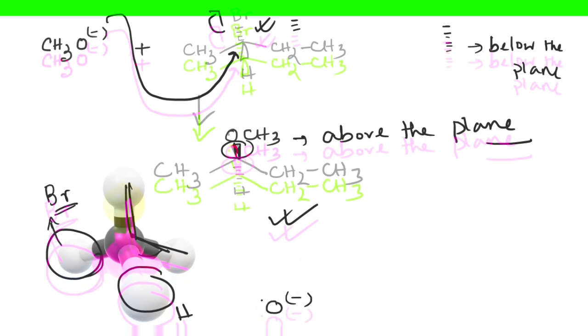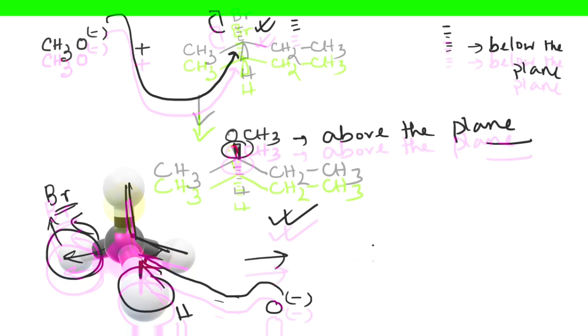Now the O minus will attack from the back side of the Br atom, that is from the above position, and the Br atom will be removed. Upon completion of the attack, what will happen? The O minus will be attached from the above the plane position. Clear? And the H will go below the plane.